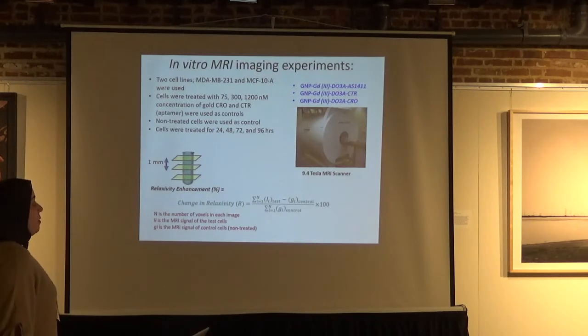CTR and PRO are small DNAs. They are negative controls for ES1411 because they don't target cancer cells. We used 3 different concentrations of gold nanoparticles, and we used non-treated cells as control. After scanning with MRI, the relaxivity enhancement of the contrast agent was calculated from this equation.